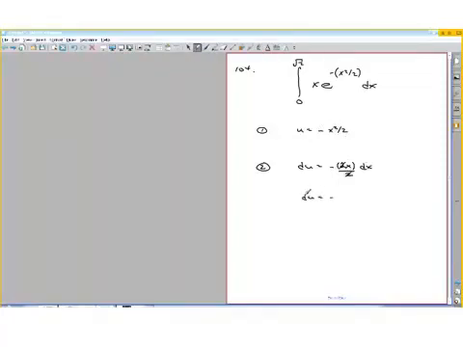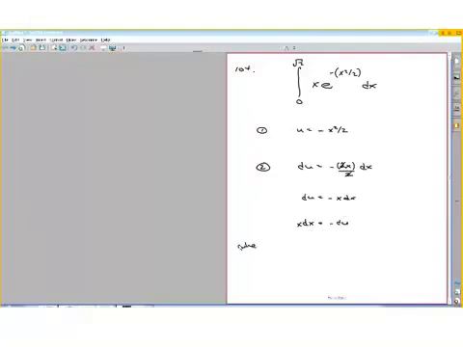So we get du is equal to negative x dx. So x dx is negative du. So if we multiply by negative 1, we'll get x dx.